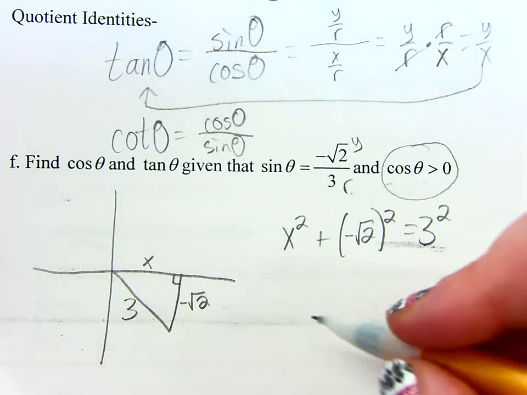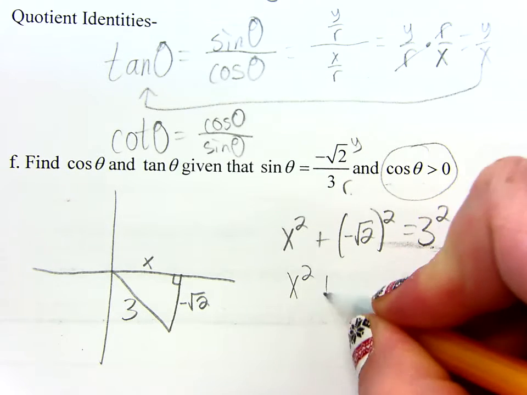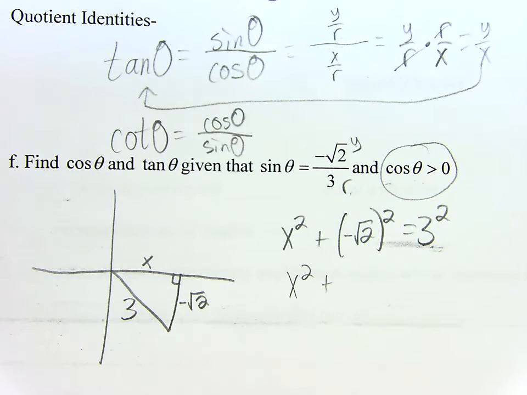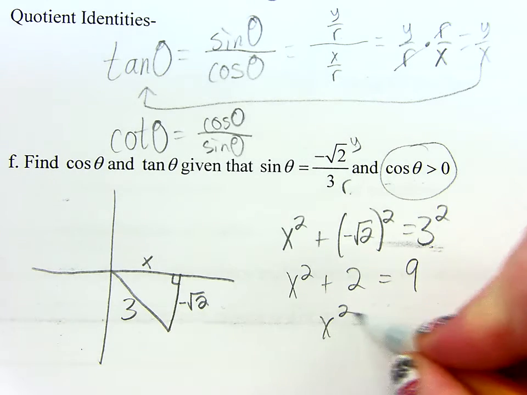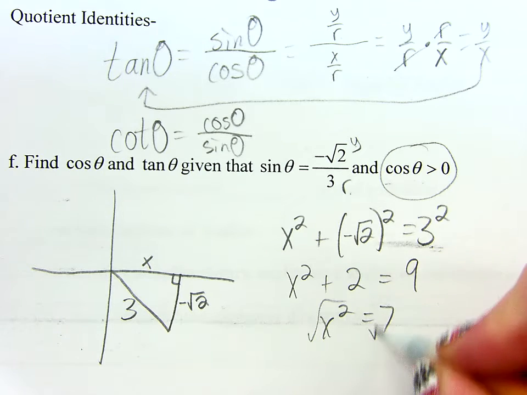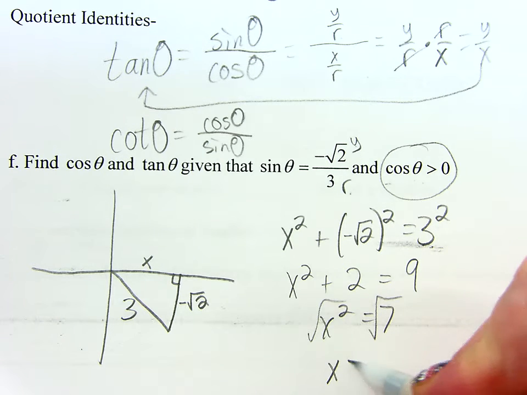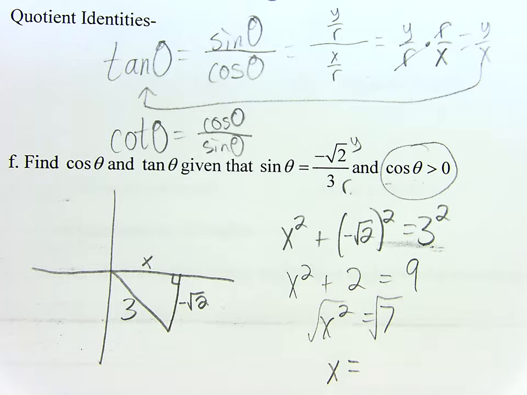So just be careful with your signs and your roots. So what is negative root 2 squared? Positive 2. I get a 9, so x squared equals 7. When I take the square root of 7, what comes out? Doesn't the square root of 7 have two answers?